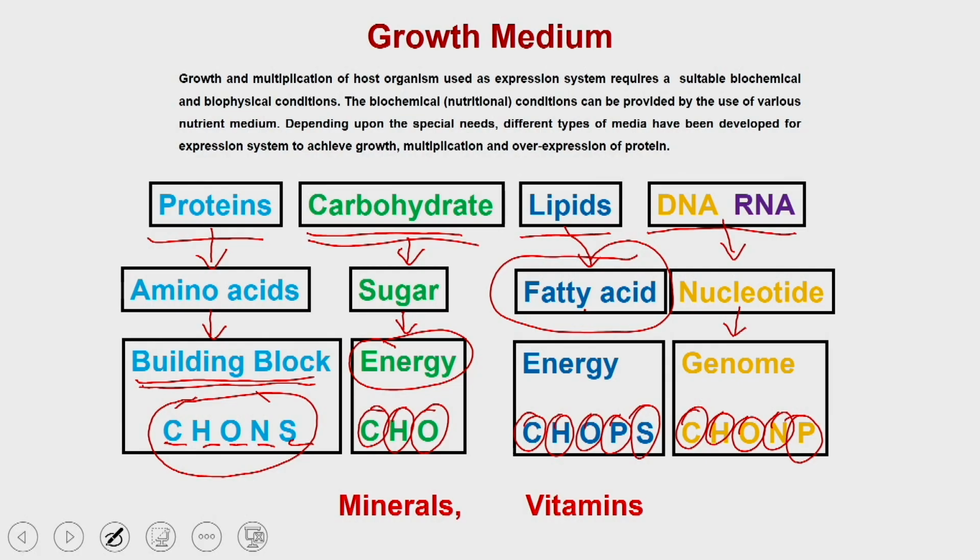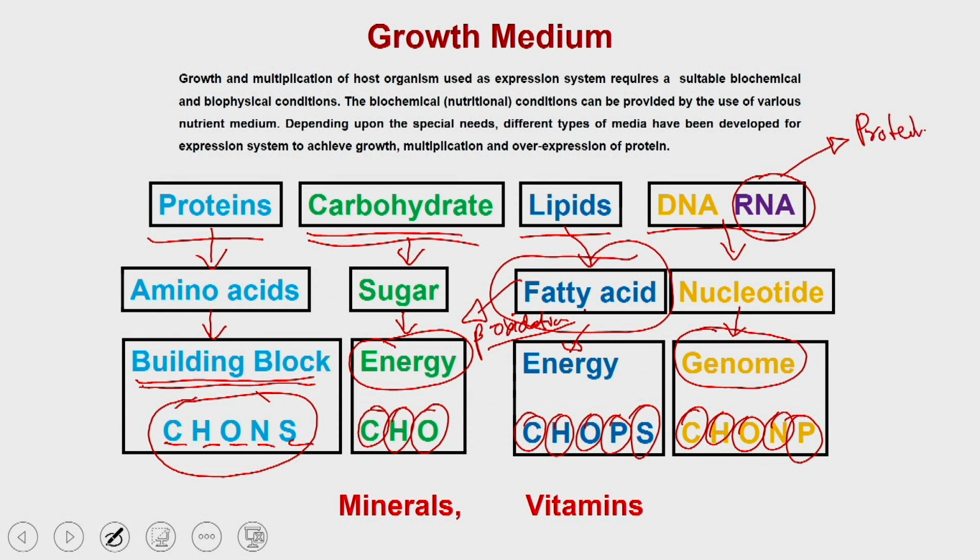Similarly, the lipid or the fatty acid is also a source of energy for the cell, and the fatty acid produces energy by a process called beta oxidation. So, the fatty acids get oxidized by beta oxidation to generate energy, and the nucleotide is actually a basic molecule for generating the genome, or RNA, which is utilized for producing the protein.